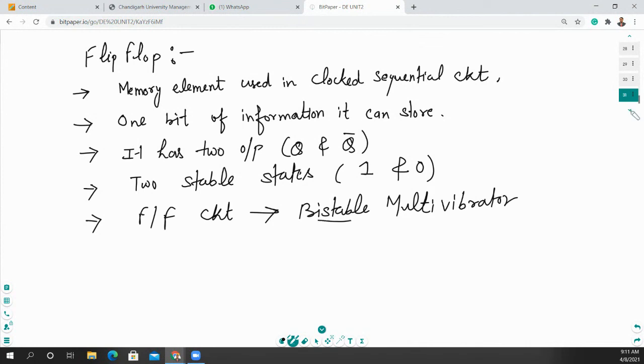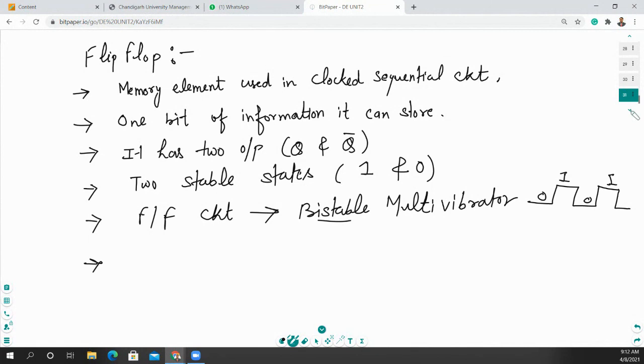Bistable means it has two outputs, 1 and 0, and multivibrator means it will give the output in the form of a waveform, just like a square wave, 1 and 0, 1 and 0. It has two stable states, one is 0 and another one is 1.